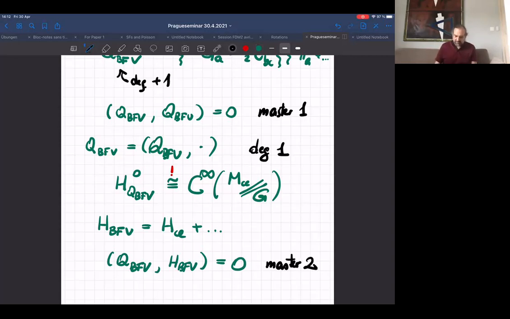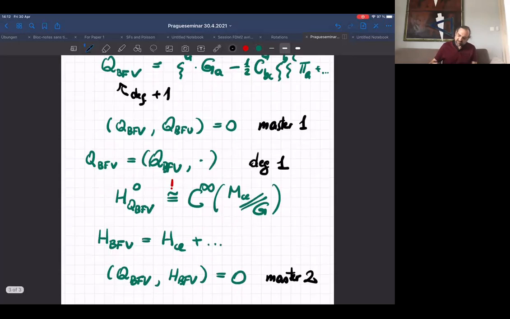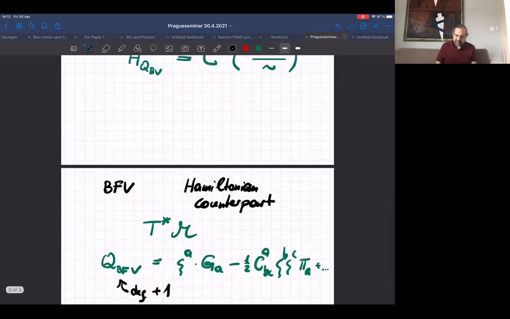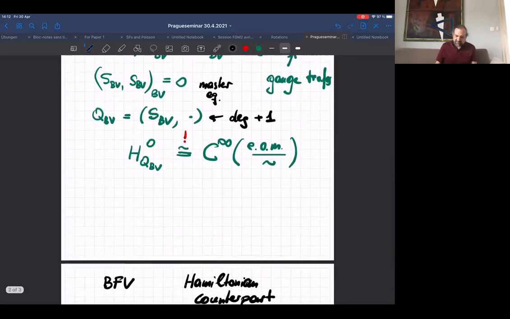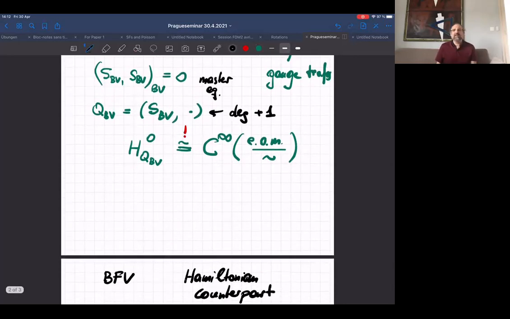Okay, so these are these two parts in the Hamiltonian formulation, and there are also nice formulas for a passage from the BFV to the BV, and they are already rather old even, and they go back to Fisch and Henneaux.